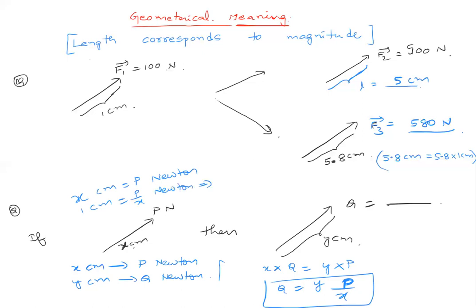That implies q, for y centimeter, which means y times 1 centimeter, is y times p by x. So this is your geometrical meaning. A little extra point that I forgot to add. With this you must have understood the basic ideas.